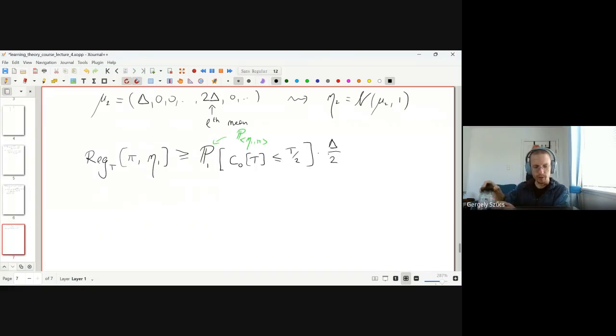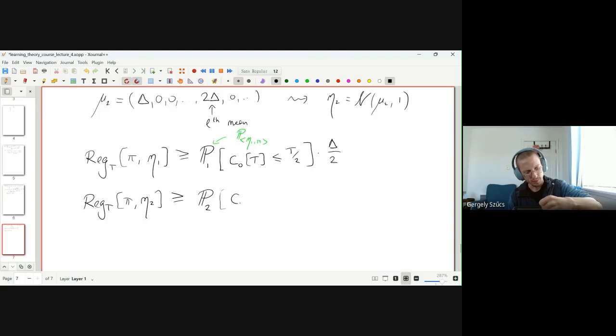And then this is where the way we picked eta 2 comes in, because now for the regret for eta 2, every time we pull arm 0, we're accumulating regret. So here we get that probability under eta 2 that C of t is bigger than t over 2, times delta over 2.